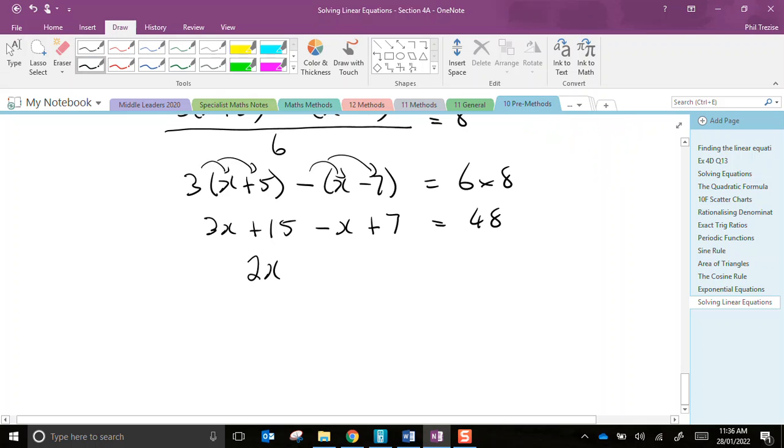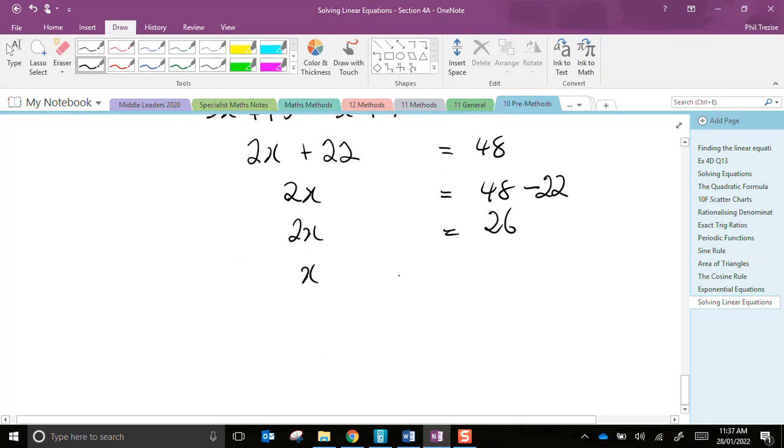I have plus 15 plus 7, that's plus 22 equals 48. This is going to fall out nicely now. 48 take 22, 2x equals 26, x equals 26 on 2, x equals 13.